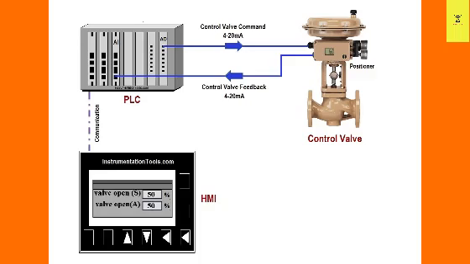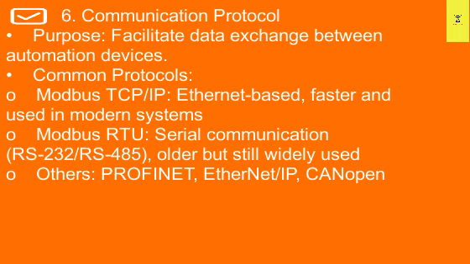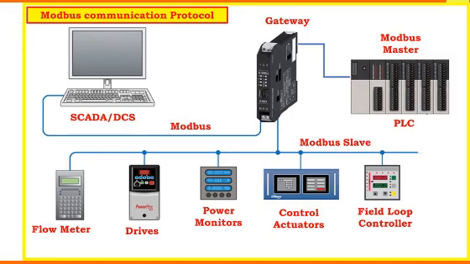Element 6, communication protocol. It facilitates data exchange between automation devices or electric automation system devices.